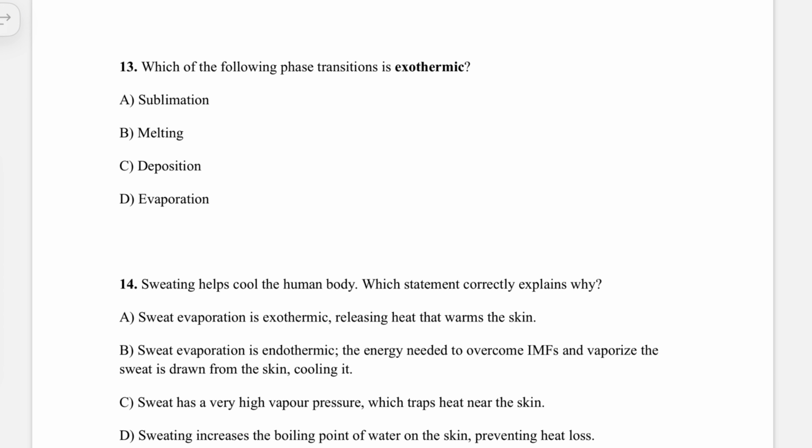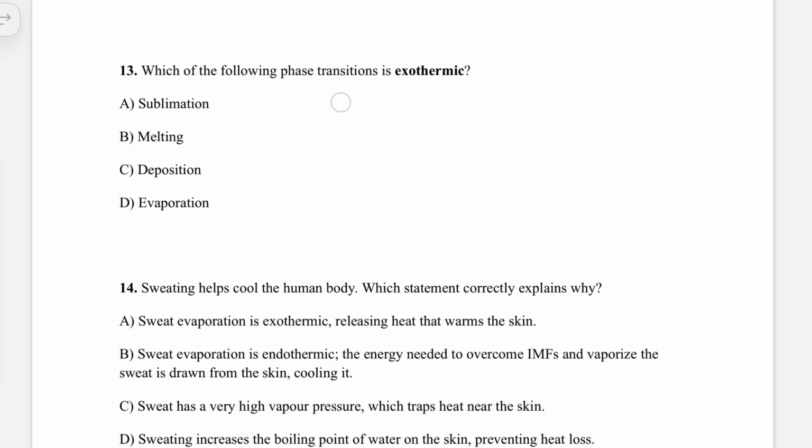Question 13. Which of the following phase transitions is exothermic? So an important thing to know is, I'm going to draw a diagram that's going to make this really clear. So I have solid here, liquid, and gas.